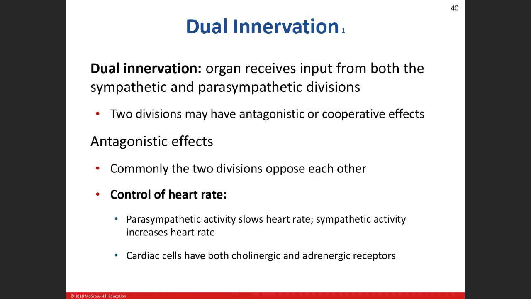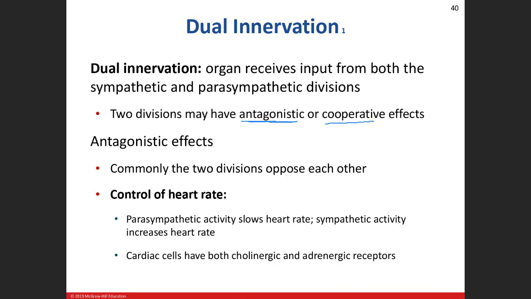The divisions can have antagonistic effects, which means opposite, where one will increase something, the other one will decrease something. Or they can have cooperative effects, which means that both divisions are going to work towards a common goal. I don't want to spoil what that is. We'll talk about it in a moment.